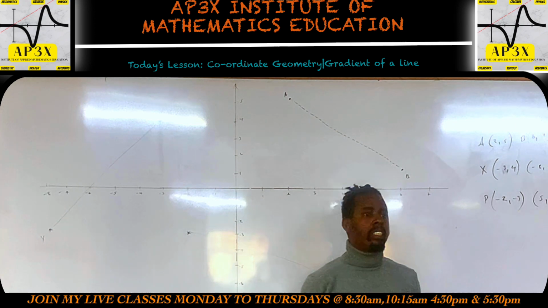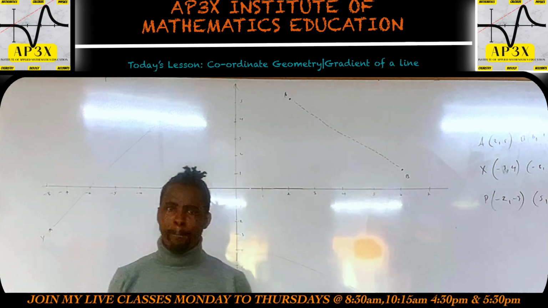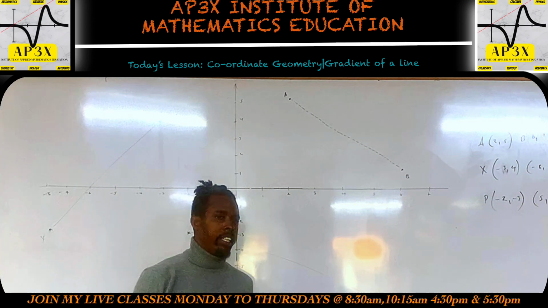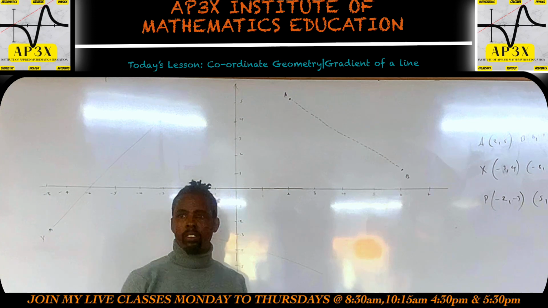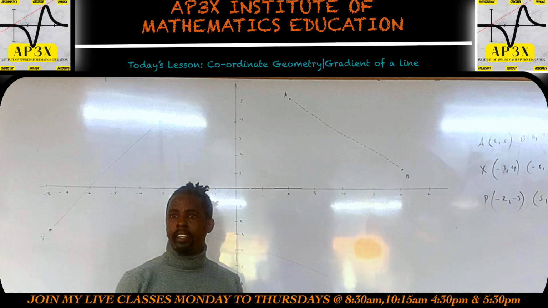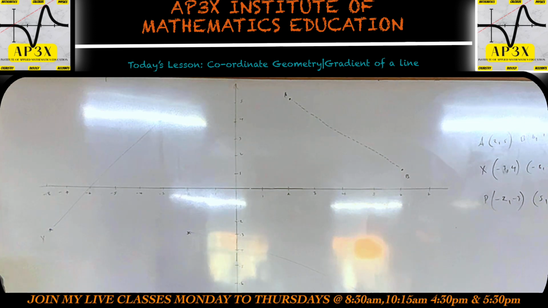A gradient is the measure of steepness of a line. Full stop.